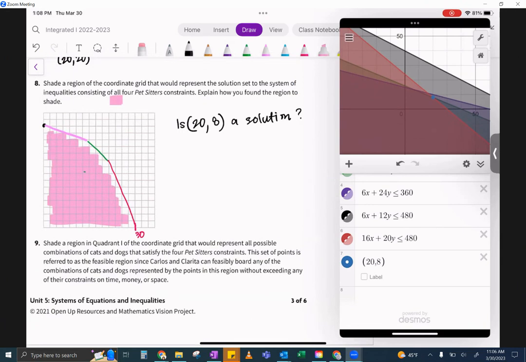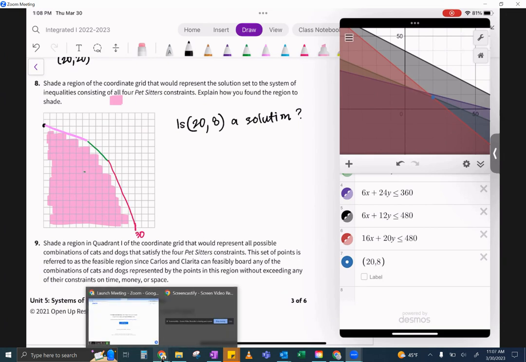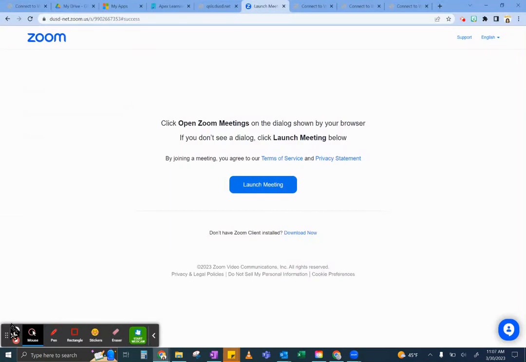Why is it different? Okay, so the real answer is what we just explained, because when we bring it back into the context, negative 5 cats doesn't make sense. So we restrict it to the very first quadrant. Give me 1 second and then we're going to go over the takeaways.